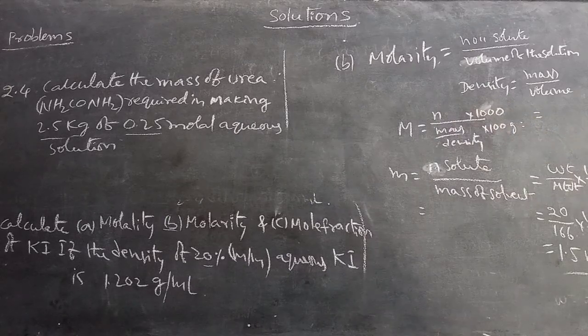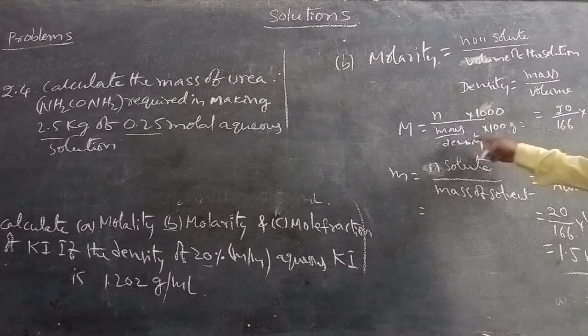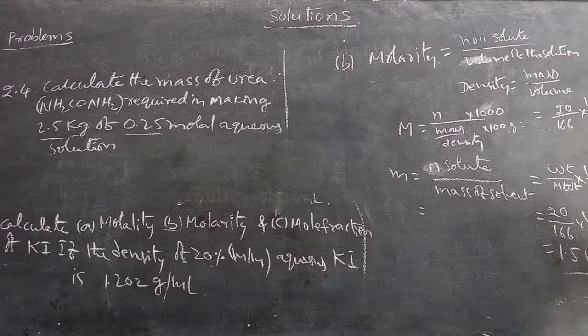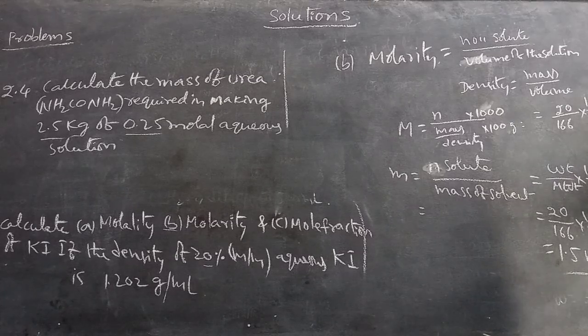So what is the number of moles? That is 20 by 166, into density 1.202, and the mass is 100 grams of the solution, into 1000.